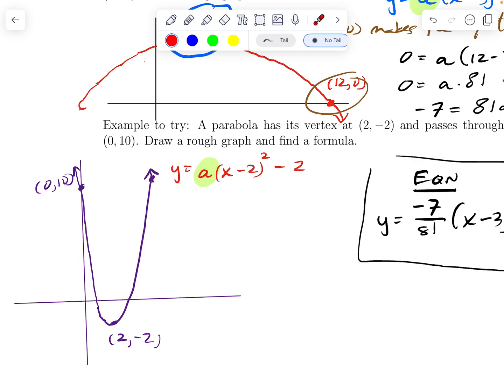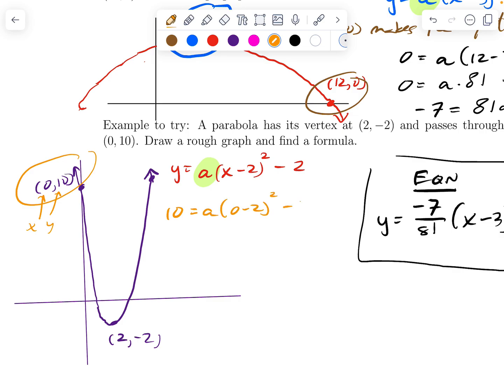Now, to find A, we look for this other piece of information. I know if x is 0 and y is 10, the equation is true. So I can write 10 equals A times (0 minus 2) squared minus 2.